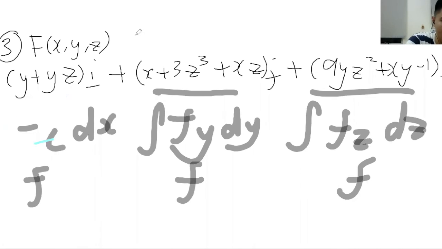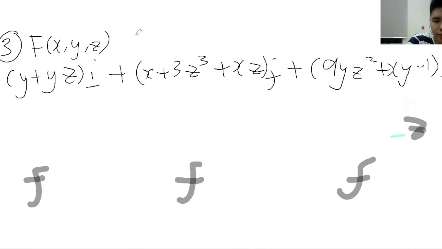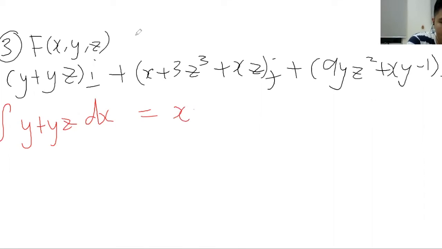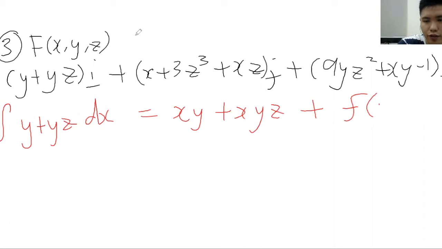Okay, let's get started. Partially integrate y plus yz with respect to x, and we should get xy plus xyz, and then plus a function in terms of the other variables, y and z.